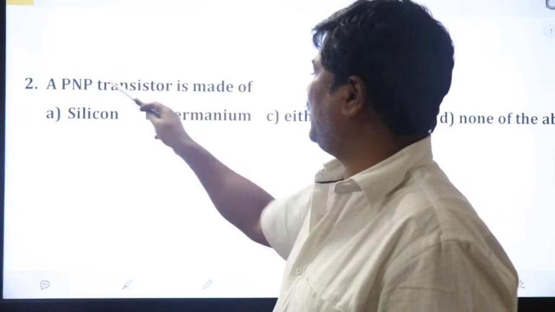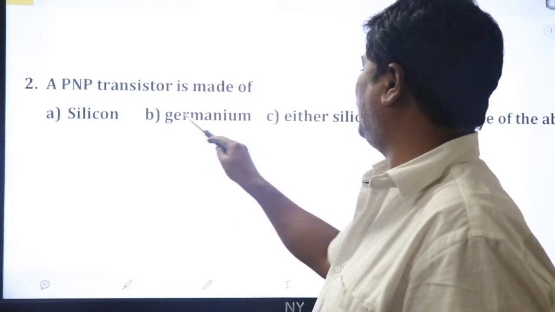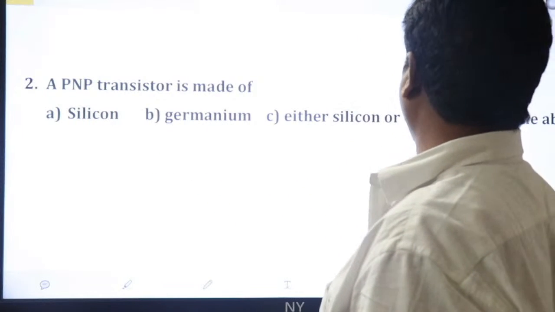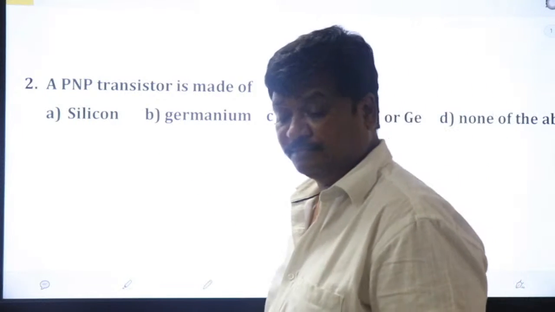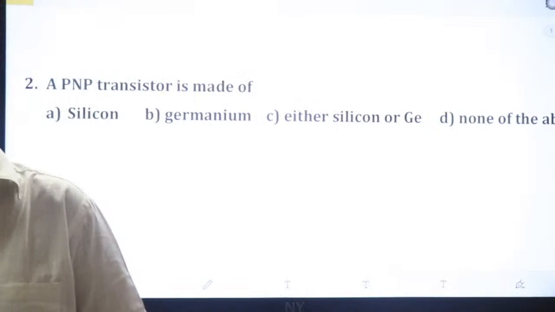A PNP transistor is made up of silicon, germanium, either silicon or germanium, none of the above. Such a simple question it is.